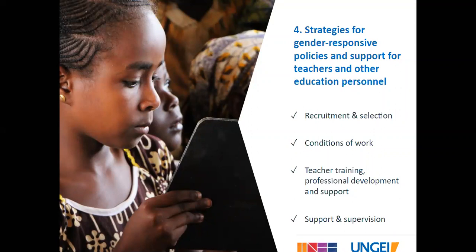Issues that may compromise school as a safe place can be addressed by providing teachers with pedagogical and inclusion training and psychological support and supervision to help them provide positive and beneficial learning experiences for girls, boys, women, and men. And so the guidance note provides direction on recruitment and selection, conditions of work, teacher training, professional development and support, as well as support and supervision.